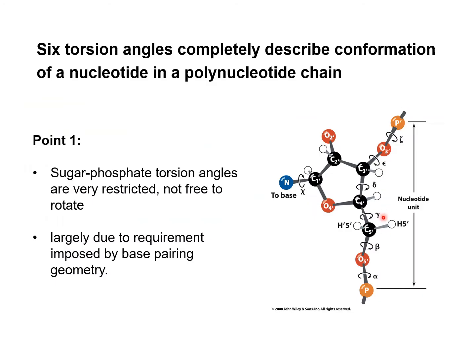Six torsion angles completely describe the conformation of a nucleotide in a polynucleotide chain, starting from alpha, going through zeta, and also chi too.